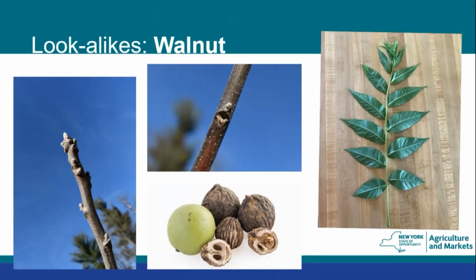Another lookalike is a black walnut. We talked a little bit about the buds, how they have these small, slightly fuzzy-looking buds, and the leaf scars are not heart-shaped. So you can see the leaf scar there in the center top, and then also the nuts. So the seeds look extremely different than sumac, and also they certainly don't look like samaras.